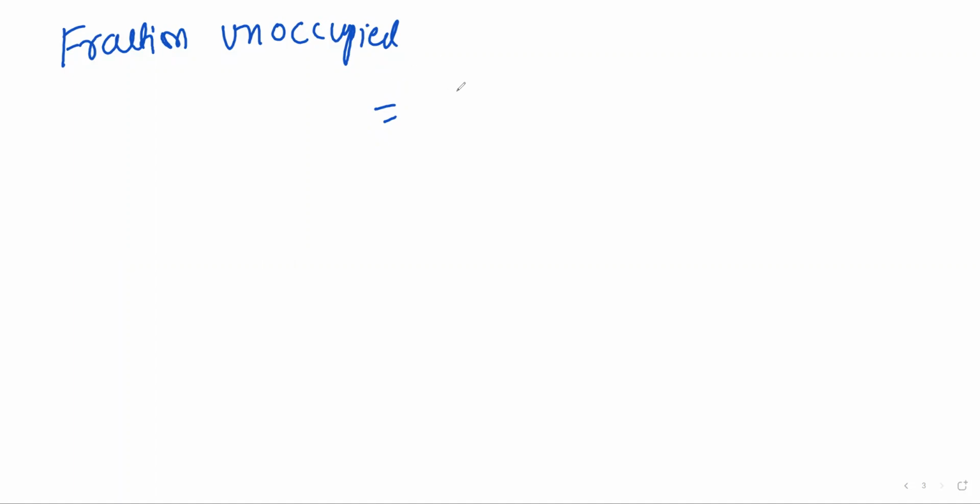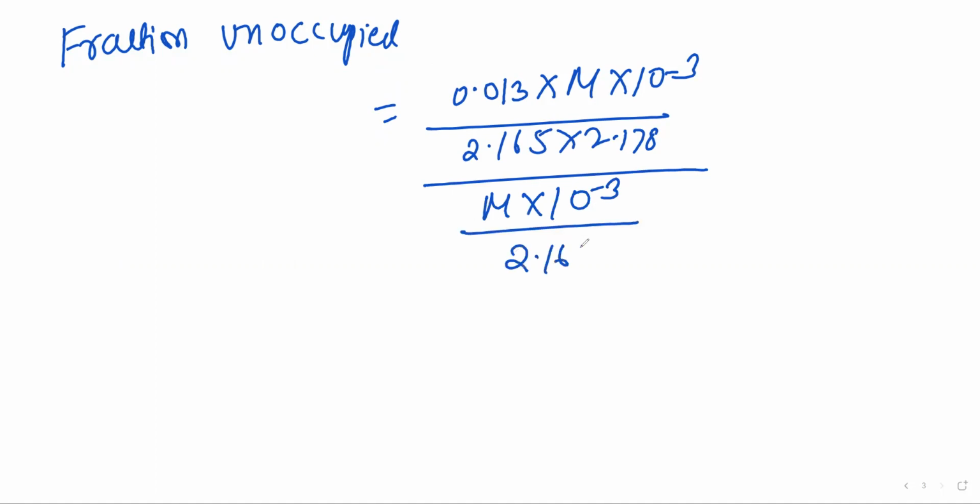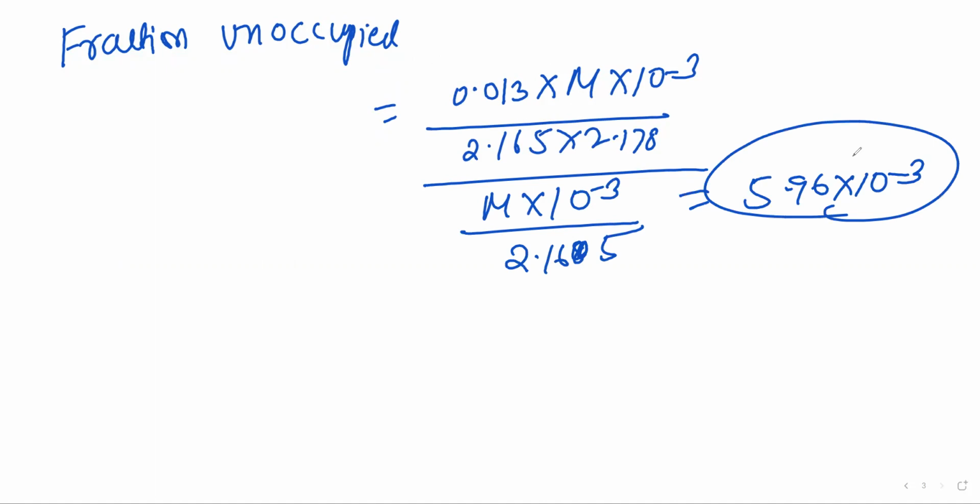Yes, so it will be 0.013 into M into 10^-3 divided by 2.165 into 2.178, divided by M into 10^-3 divided by 2.165. So it will be 5.96 × 10^-3. This is the fraction unoccupied. So please write that.